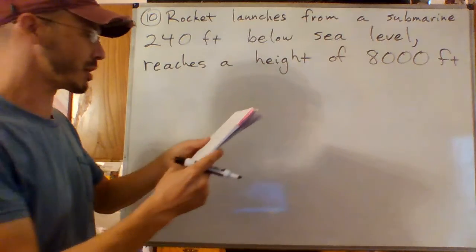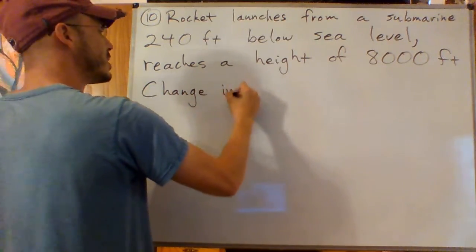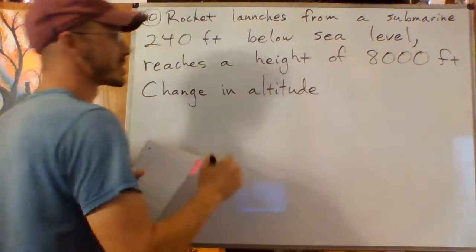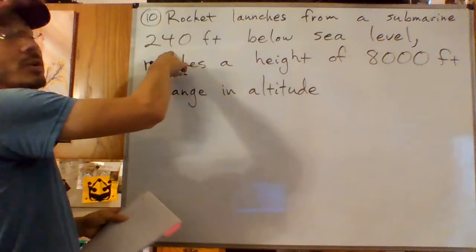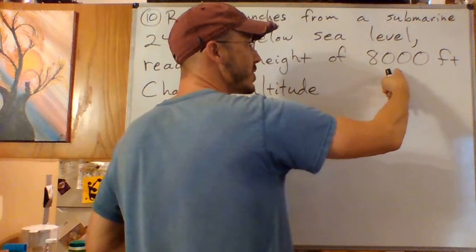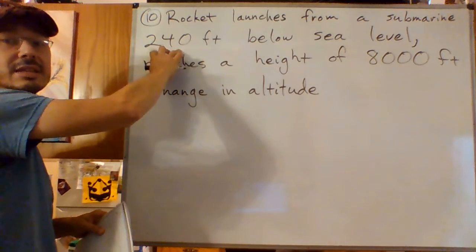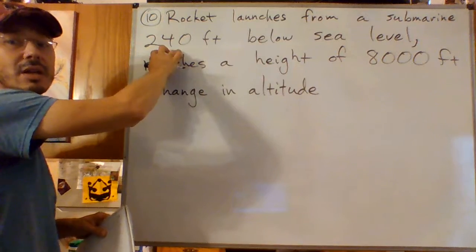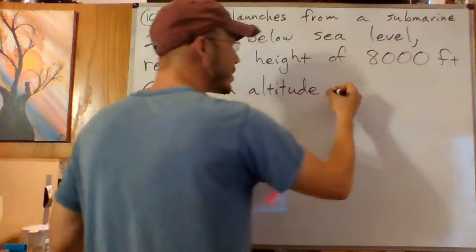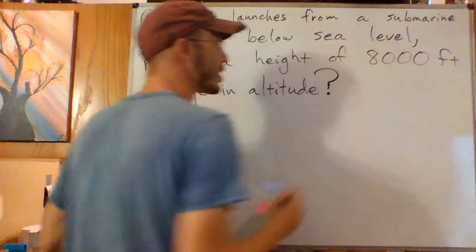So we want to find the change in altitude from where it started, 240 feet underwater, to where it finishes, 8,000 feet above water. We can think of this as an altitude of negative 240. And change in altitude is really the question they're asking.